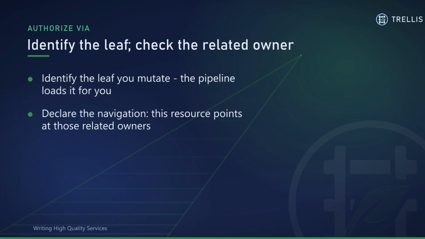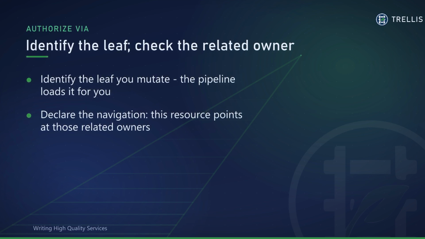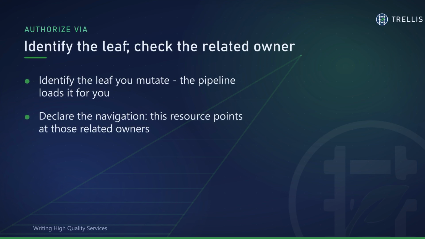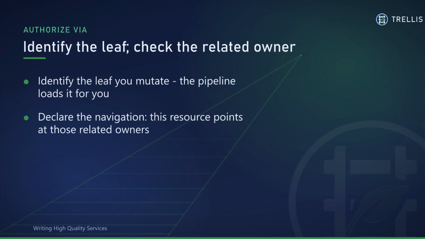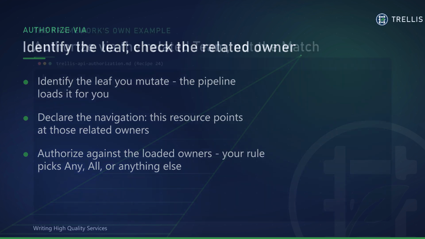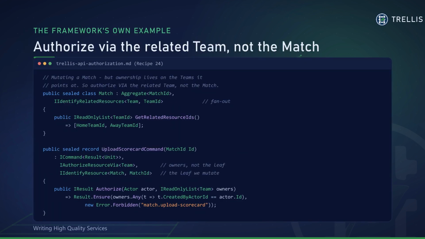And third, you write your authorization rule against the loaded owners, not the leaf. Crucially, the framework hands you the owners as a list and stays out of your way. Your rule decides whether the actor needs to own any one of them, or all of them, or something else entirely. The navigation is declarative. The decision is yours.